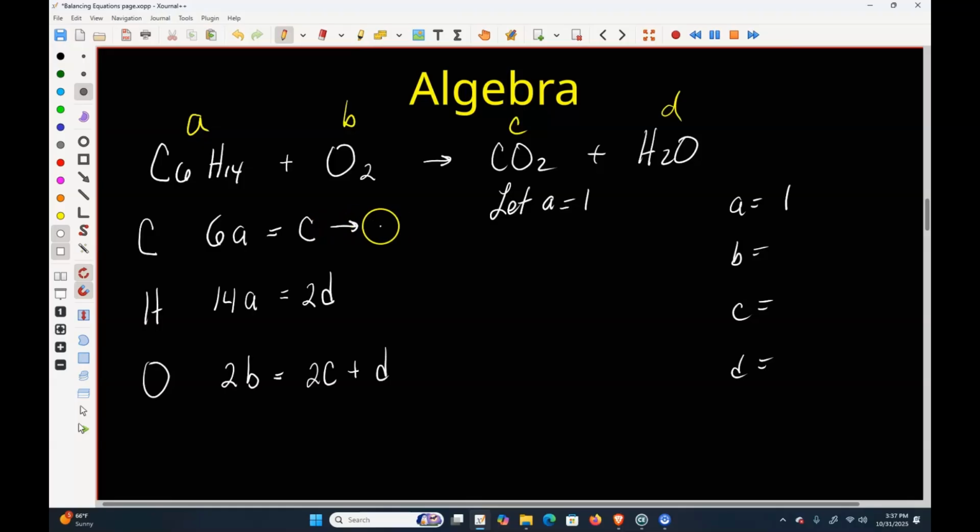And so in this equation, I'm going to have 6 times A, which is 1, equals C. So C equals 6. In this equation, I have 14 A's equals 2 times D. So D then must equal 14 halves, or 7.